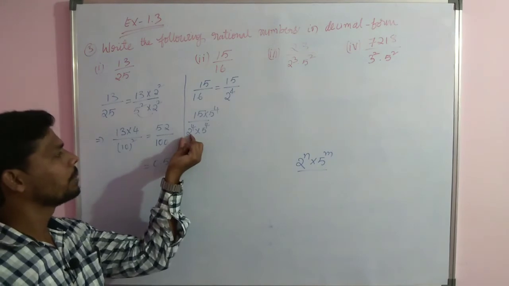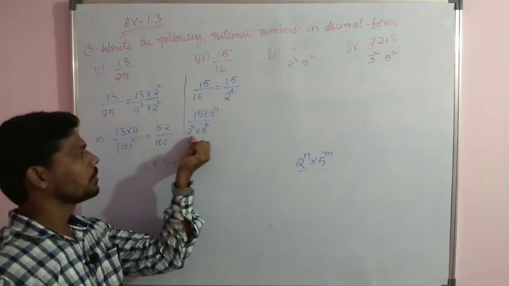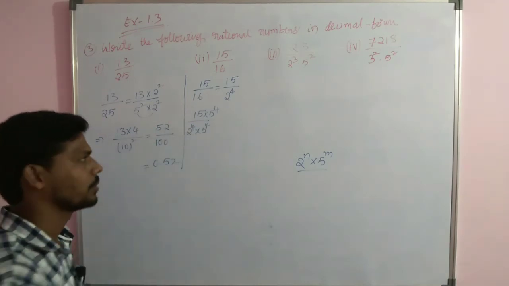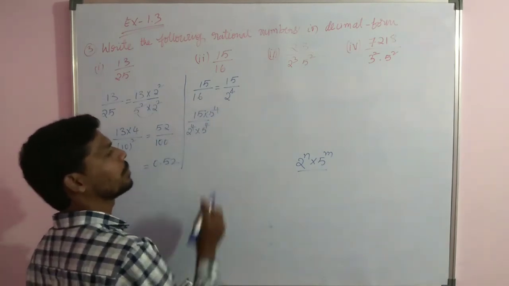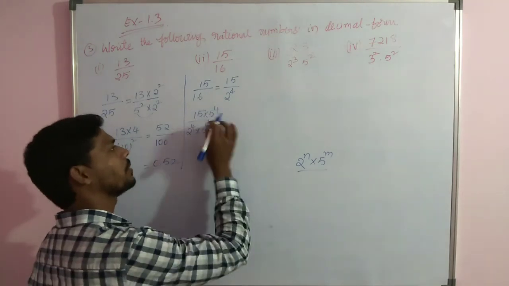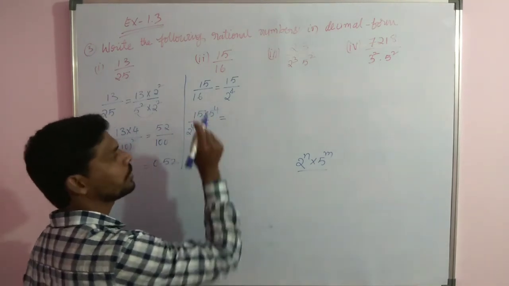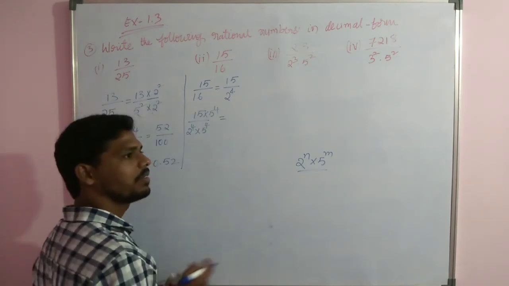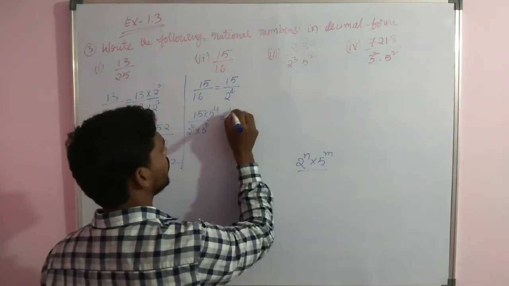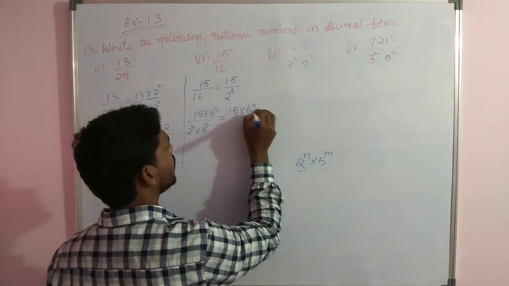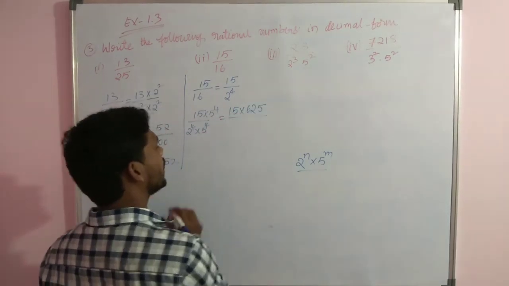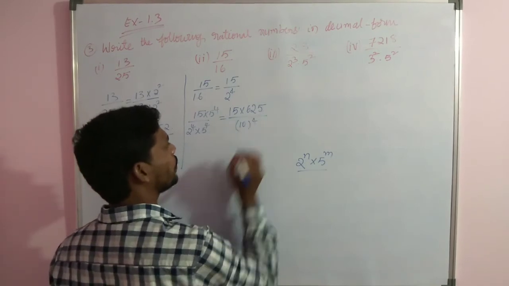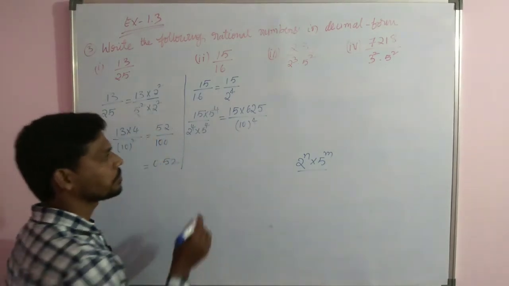We have 2 power 4, so 2 5s are 10, it becomes 10 power 4. 5 to the power of 4: 5 5s are 25, 25 square is 625. So 15 into 625 divided by 10 to the power of 4.